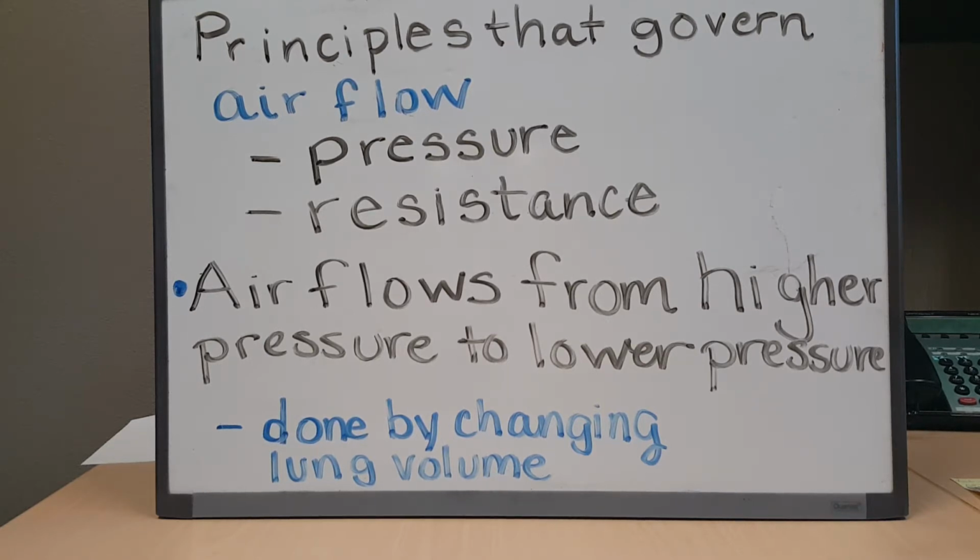Or if your lungs are scarred and lack elasticity, like an old balloon that doesn't stretch like it used to, then your lungs won't stretch like they should. Going back to pressure, air, just like blood, flows from areas of higher pressure to lower pressure. And this is done in the lungs by changing their volume.